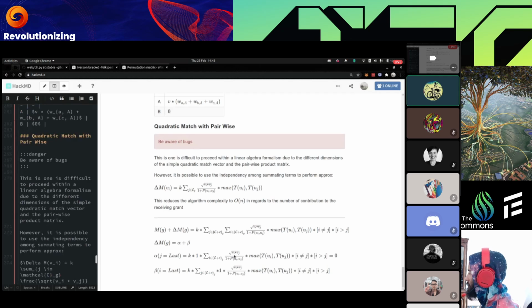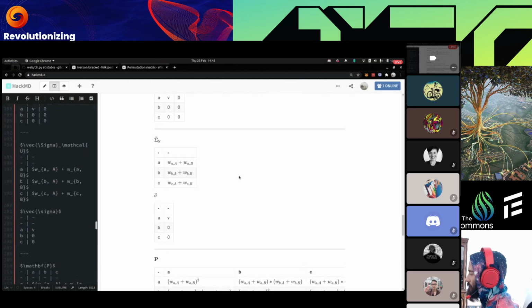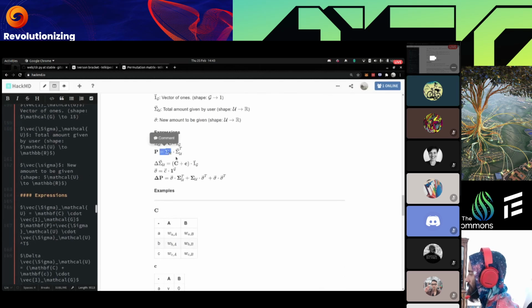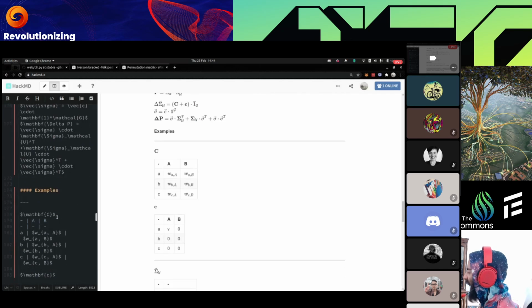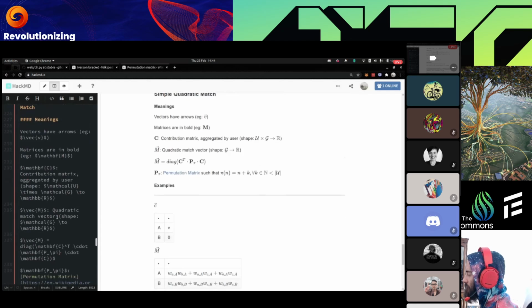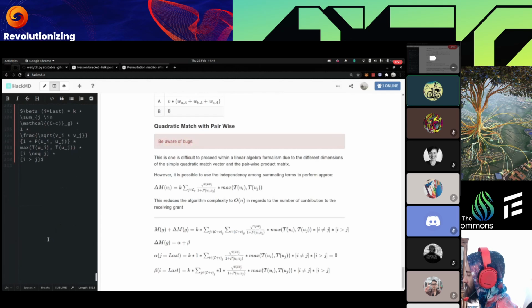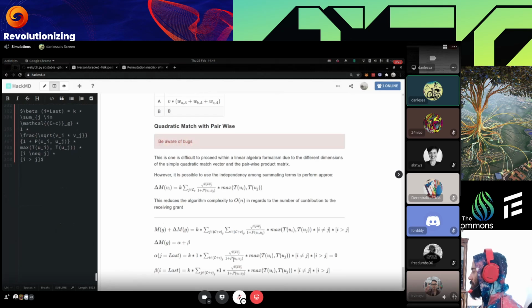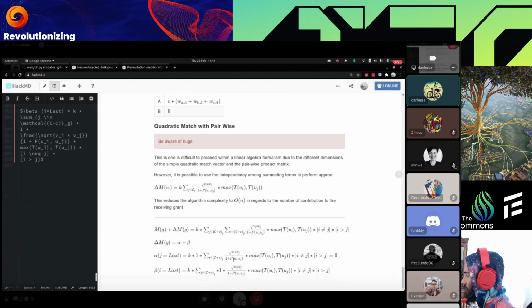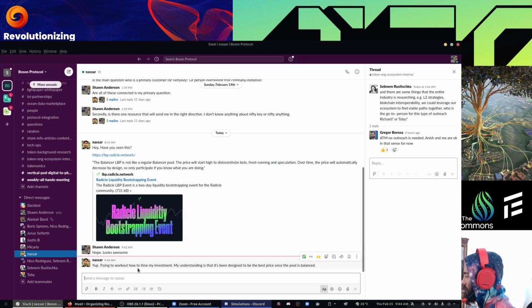Because let's say if we have a new donation, we also update the P. And if we update the P, we also are adding a delta M for everyone. And I mean, we have dropped that term, we calculate the quadratic funding, which is already something. But I mean, this is really a tough problem.